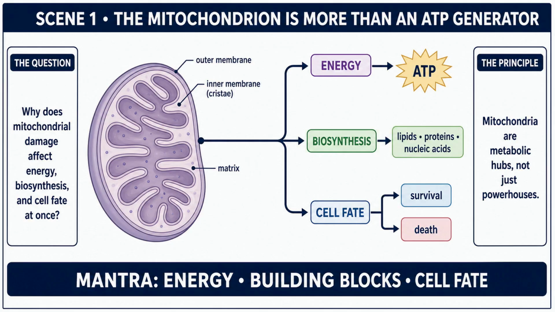And they participate in decisions that determine whether a cell survives or dies. So, in this section, we will follow one organelle through three linked roles: energy generation, intermediary metabolism, and cell death.